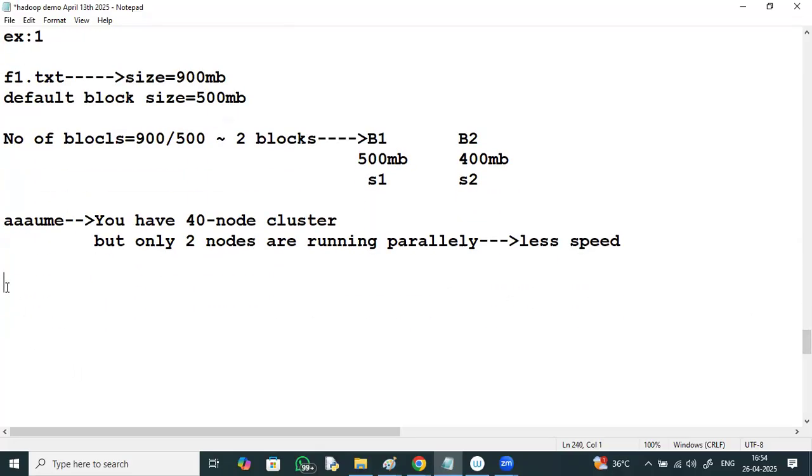Now take example 2. In the case of example 2, I have a file f2.txt. The file size is 60 MB. The block size I am taking is very small, 5 MB.